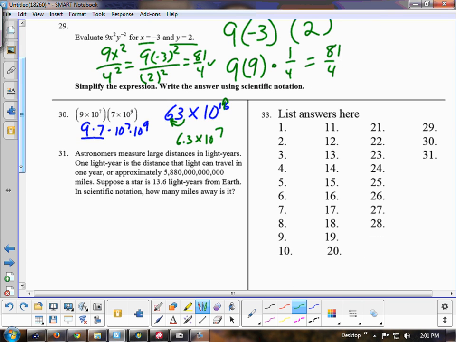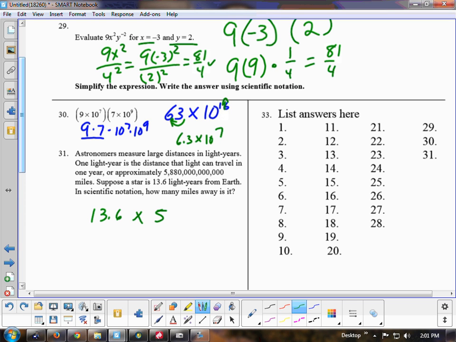Okay, an astronaut measures a large distance in light years. 1 light year is the distance that light can travel in 1 year, approximately this many miles. Suppose the star is this many light years away from Earth. In scientific notation, how many miles away is it? So we've got to go 13.6 times that big number.